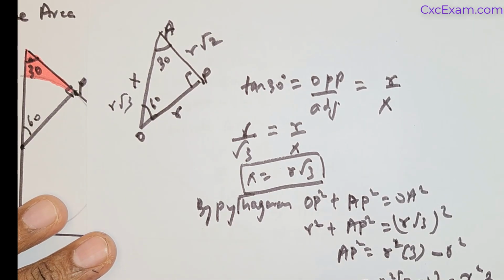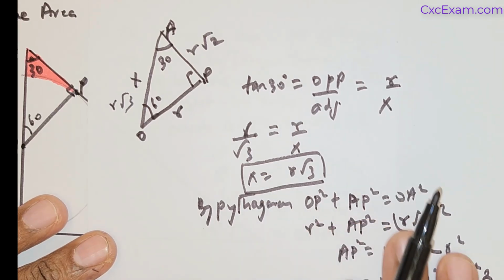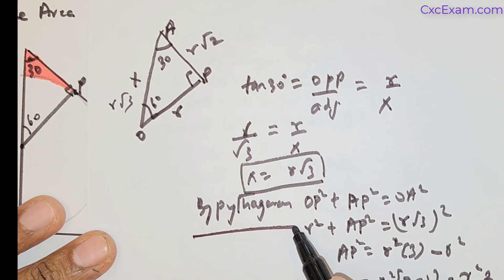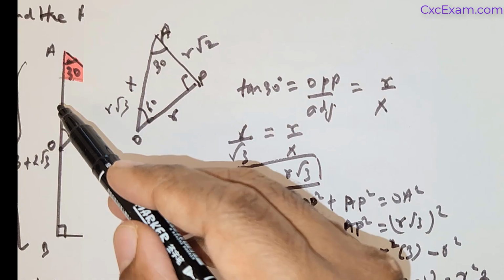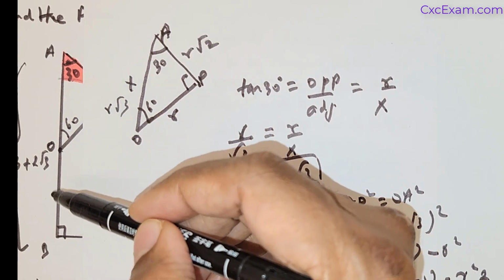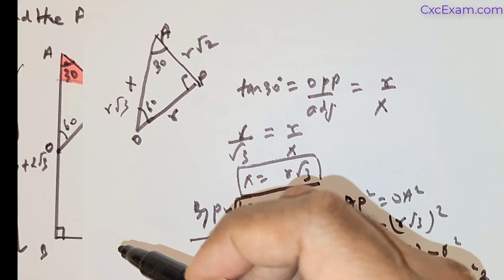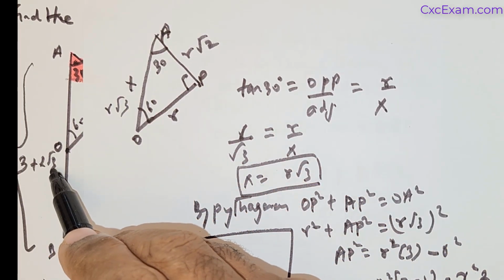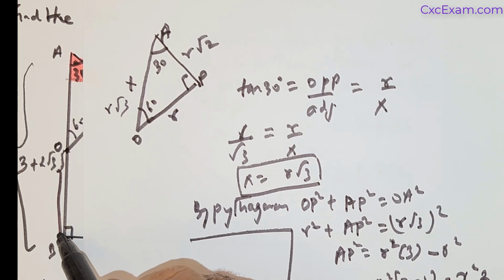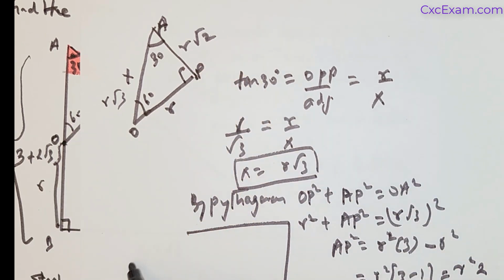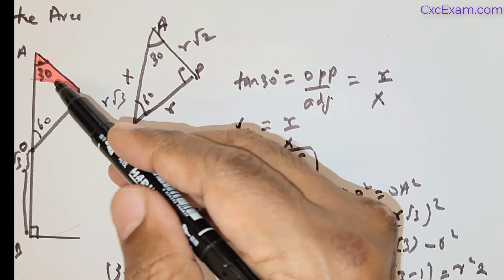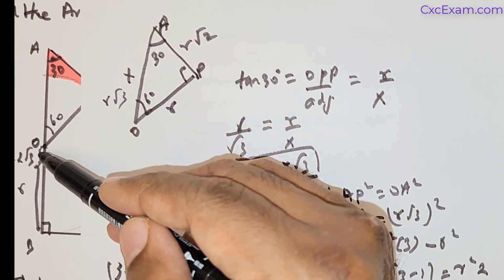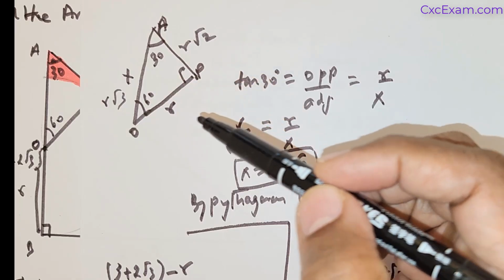So now we need to extract the value of R. For that, I would be using this entire length AB. Now AB is given as 3 + 2 times root 3. Now this distance is actually R. So from 3 + 2 times root 3, I take away R from this entire distance, and I would get the hypotenuse.